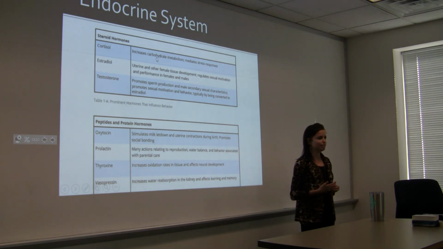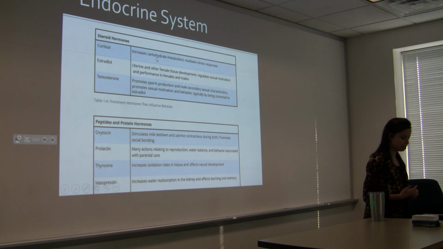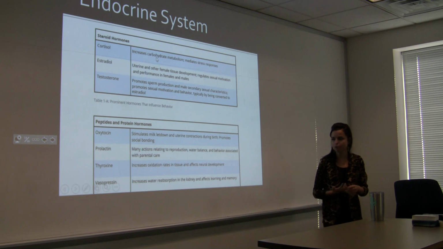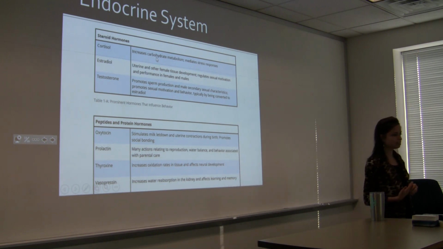Oxytocin is known as the signaler of love. Oxytocin is special because it functions as a neurotransmitter and as a hormone. So that's just a little fun fact. We also have prolactin, thyroxine, and vasopressin. Vasopressin is associated with monogamy in mammals, which is kind of exciting too.